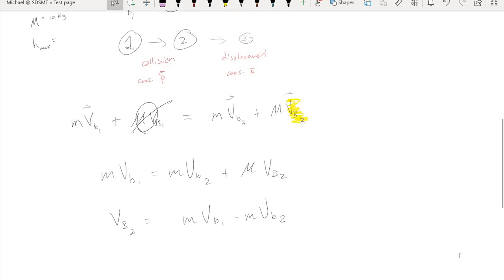We're going to have the difference in the momentum for the bullet. So here we can see that the bullet is losing momentum in favor of giving some of that momentum to the block. And we'll have to divide by the mass of the block.